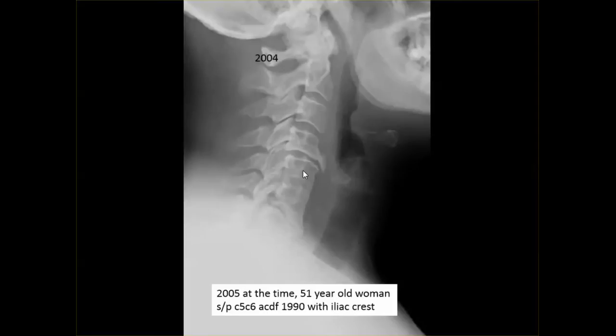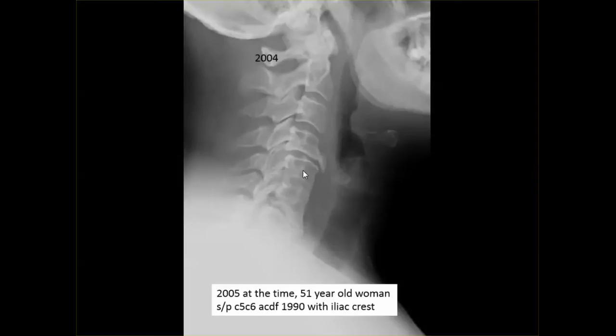At that time, in 1990, let me think back. Plates and screws were in their infancy. I think Synthes had a plate out then, and it was not 100%. Most people did not use it for one level.